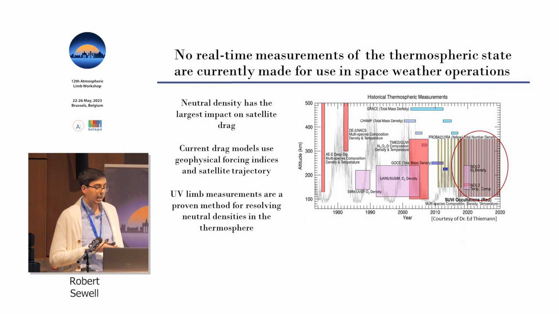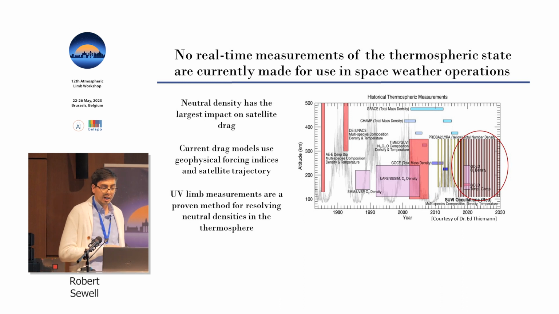Current drag models use geophysical forcing indices such as Kp, Ap, and the F10.7 radio flux in order to predict what the neutral densities are doing, and then they use satellite trajectories and their drag in order to update these models. But these satellite trajectories have a rather high latency of 2 to 4 days and aren't really good for using in space weather operations for forecasting and nowcasting.